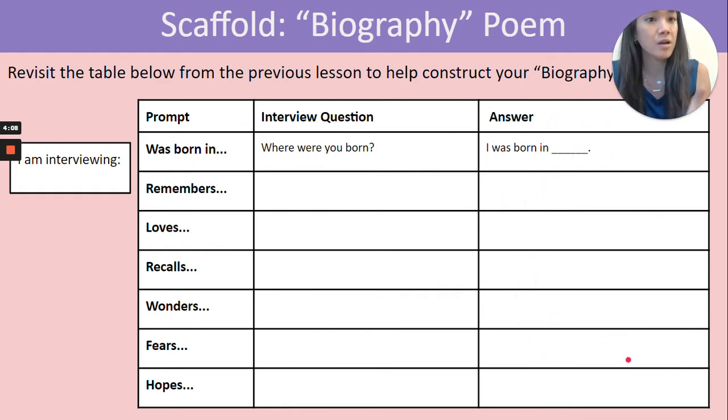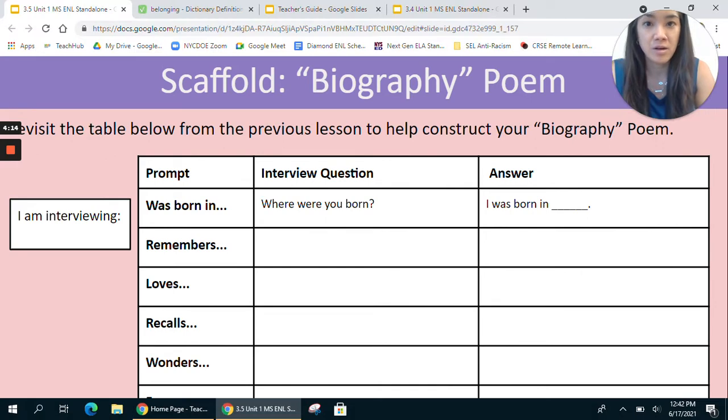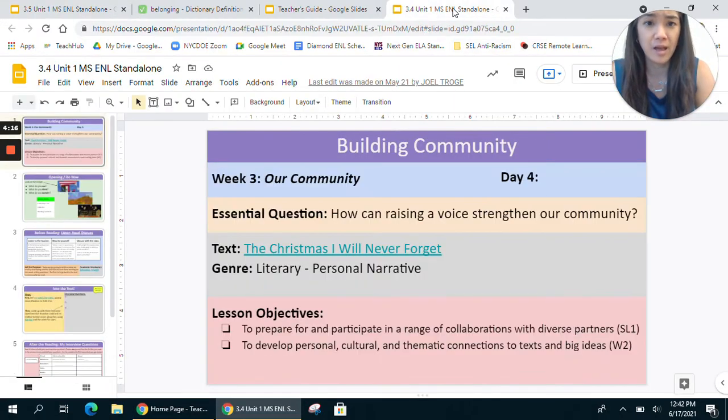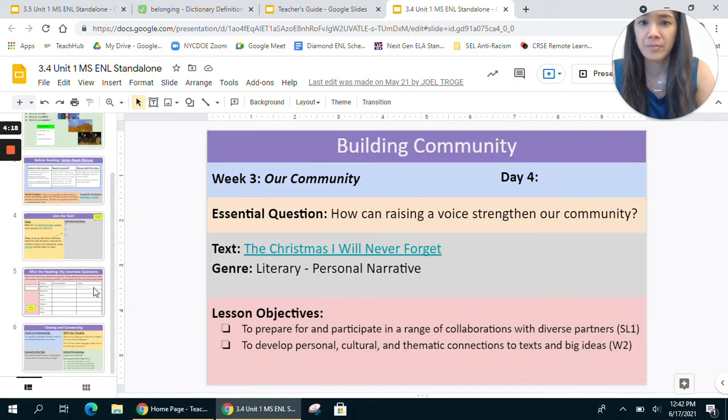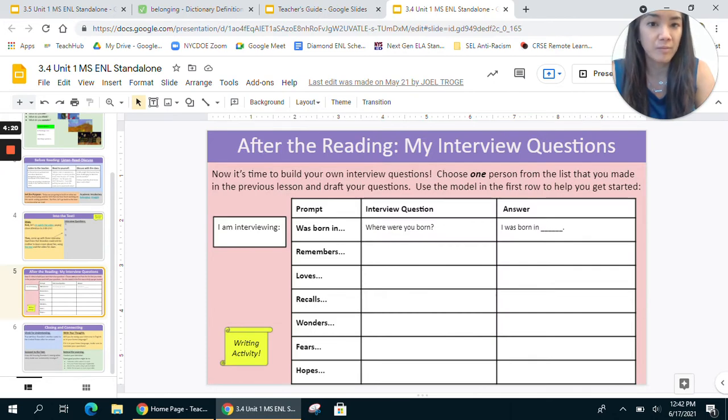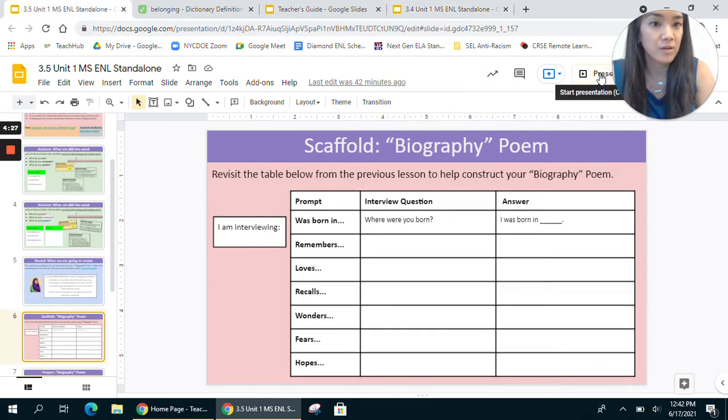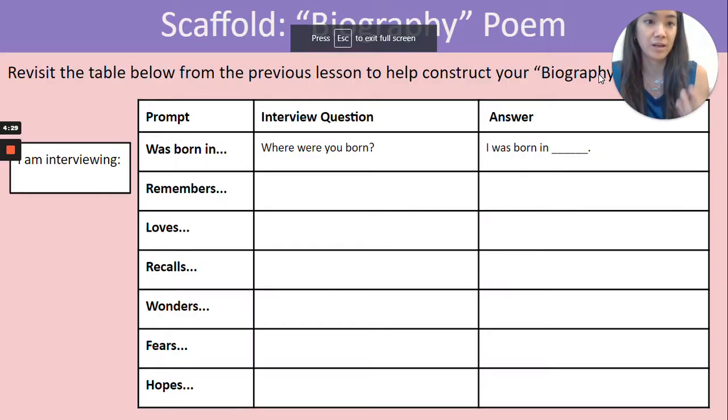The idea is for students to use this to help them build up their poem. As a reminder, this was from day 4, the previous session. It might look familiar because that was their after the reading activity. So on day 5, they can use that work from the after the reading activity to begin their poem.